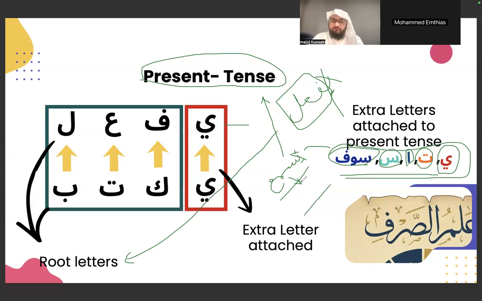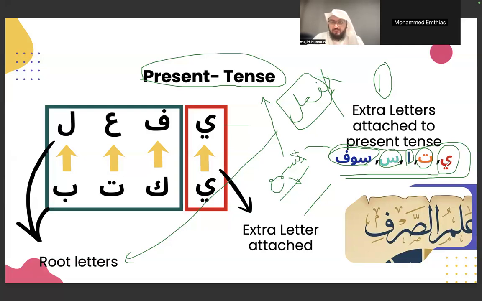And the same place where I find this word will also explain what that word means in the present tense. So the summary is: if a present tense is given to us, how do we extract the root letters from it? The first step is to look for the extra letters, and these always come in the beginning of the verb.